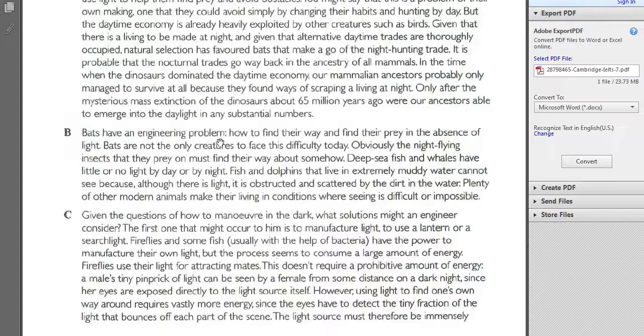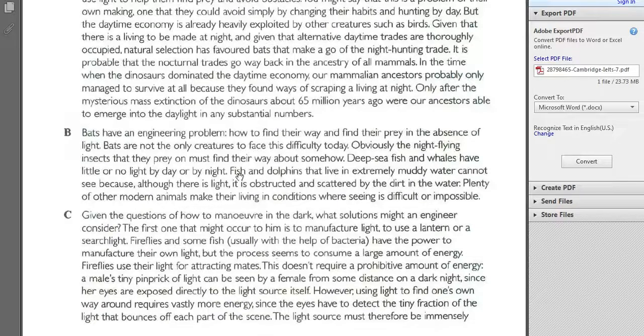For example, look at paragraph B, you've got night flying, insects, prey, deep sea fish, whales, no light by day, fish, dolphins, and then I like this one, dirt in the water. Here it says animals. So I'm getting a feeling for what this paragraph is about and what is in it.